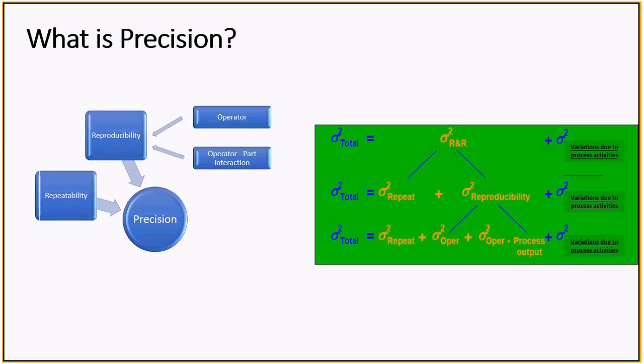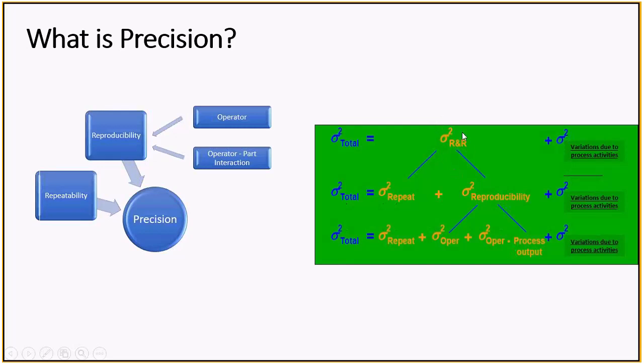Repeatability and reproducibility are the most common terms we use for gauge R&R or for MSA. Reproducibility error mostly comes from the operator or operator-part interaction. You can see it in a simple way: total variation is the combination of the variation due to the process and the variation due to gauge R&R.